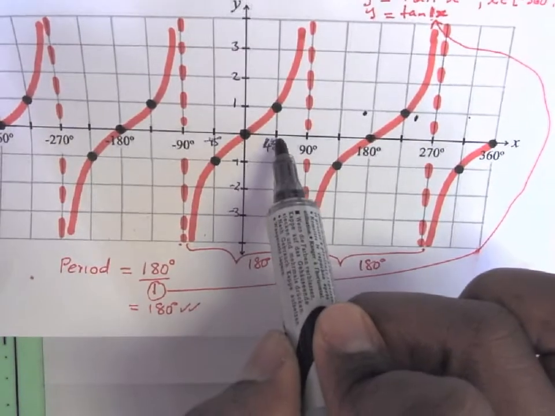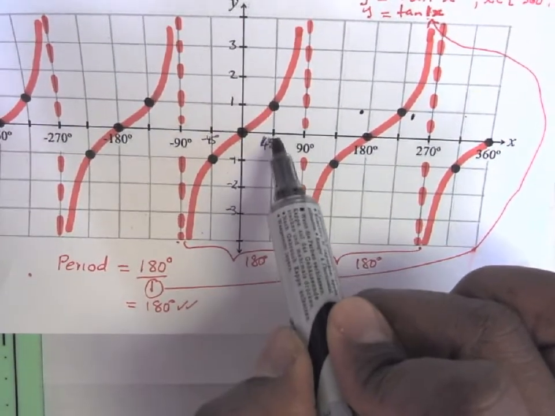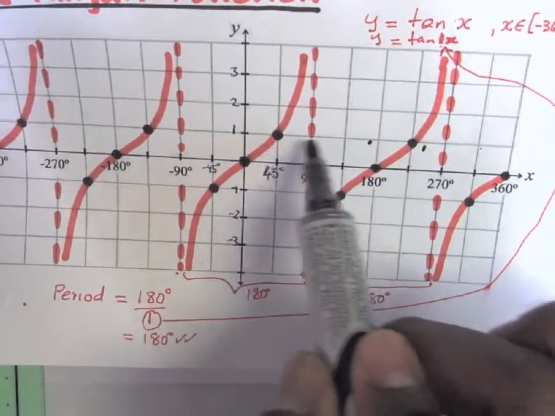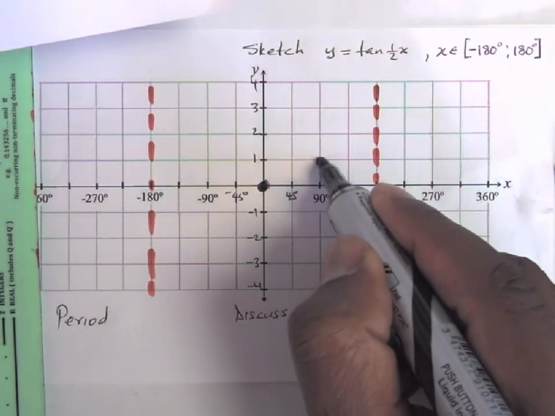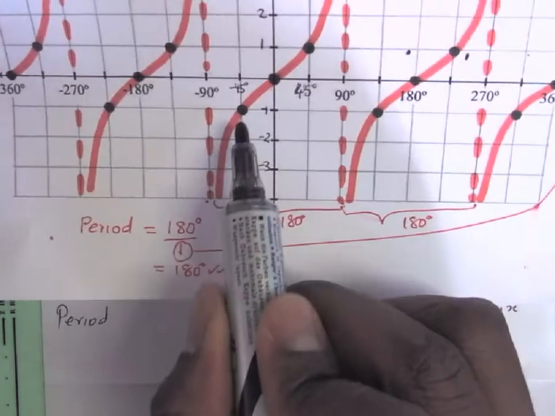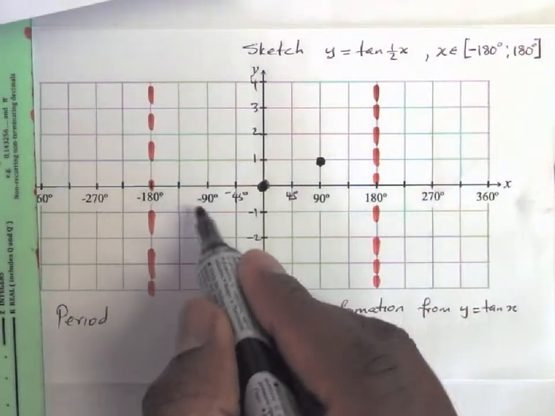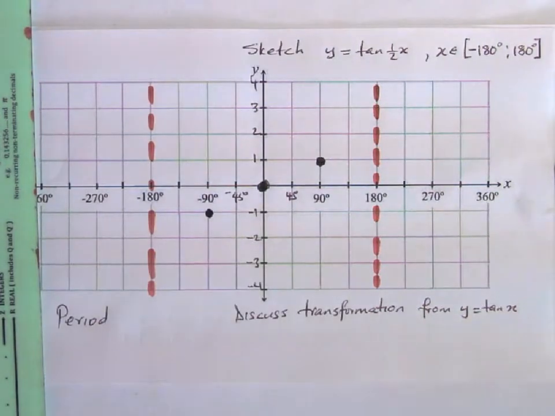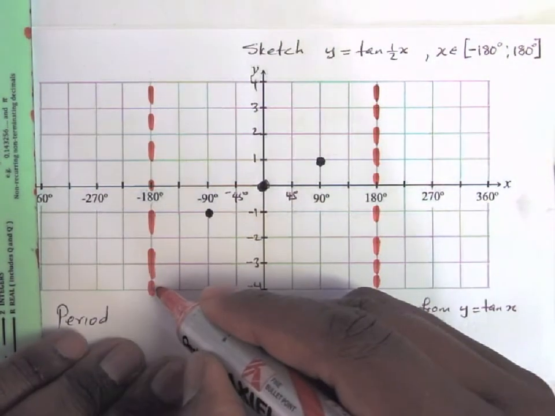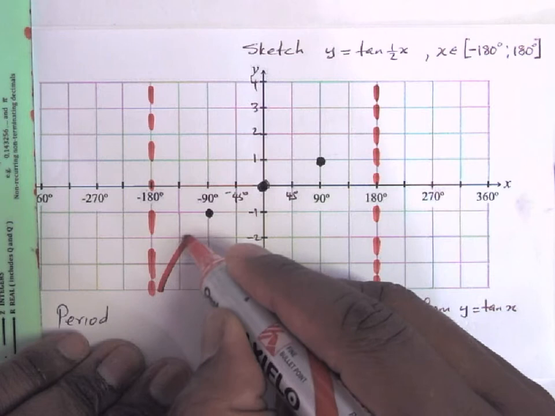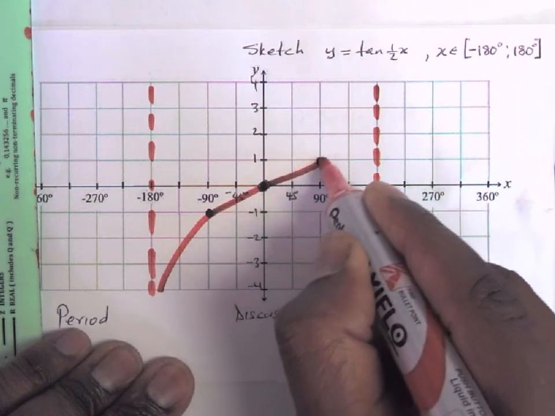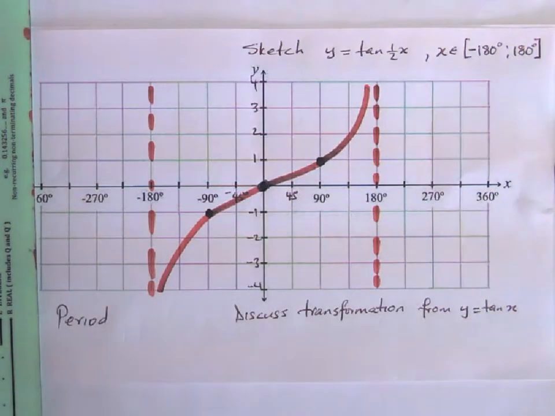If that is multiplied by 2, because we said it's half, by 2 there it goes to 90 degrees, so that point will be in line with 90. So we'll have a point at 90 there. The other one here, this was at minus 45, now it will be in line with minus 90, so we'll have a point over there. So if I were to draw the graph now, you can see that the graph does something like this. Stretch like that.